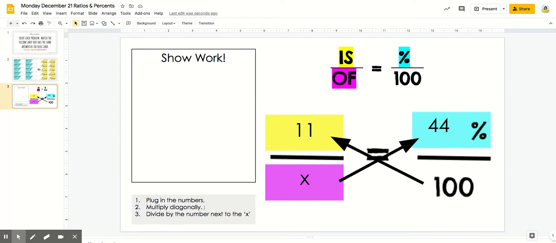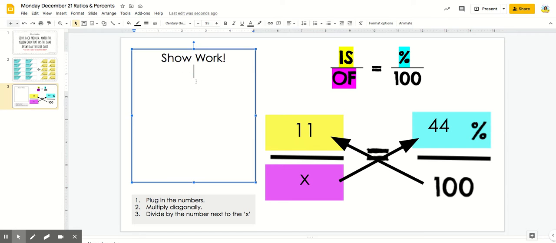Now we're on step 2, multiplying. 11 times 100 is 1,100. 44 times X is just 44X. Now I can divide by 44 on both sides.